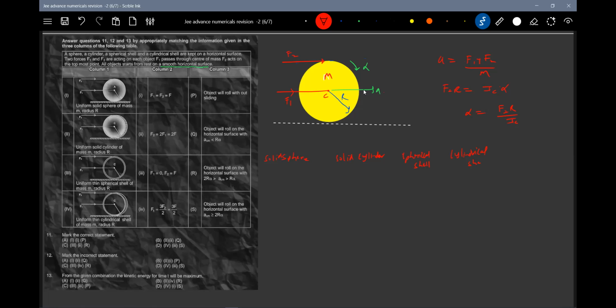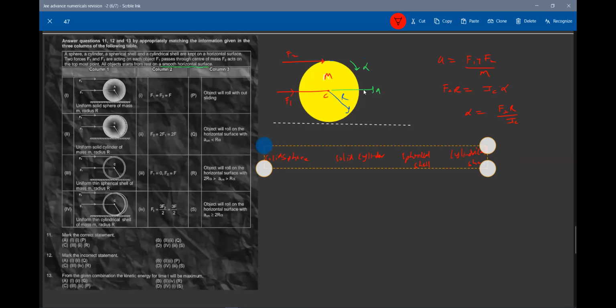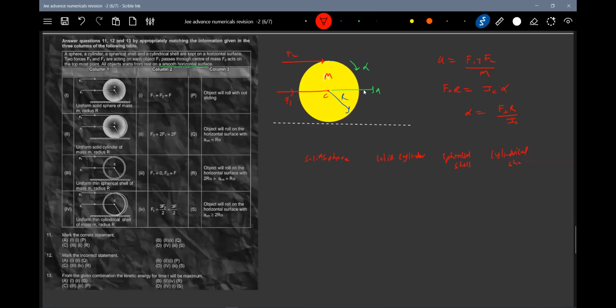For different cases of the forces, I will check it. So first one, F1 equal to F2. What is alpha? We'll check it.